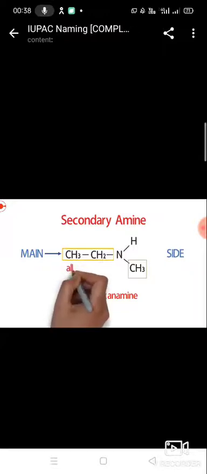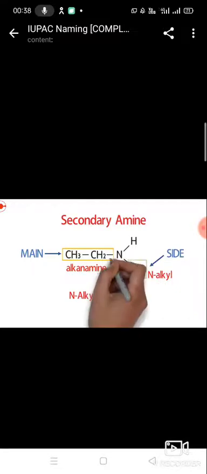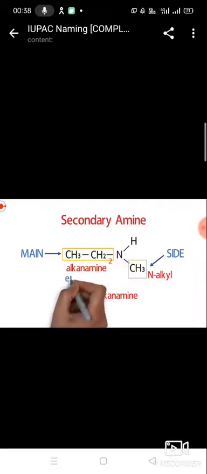So the name of the compound is, how many main chain and side chain carbons are there? Main chain contains 2 carbon atoms, side chain has 1 carbon atom.